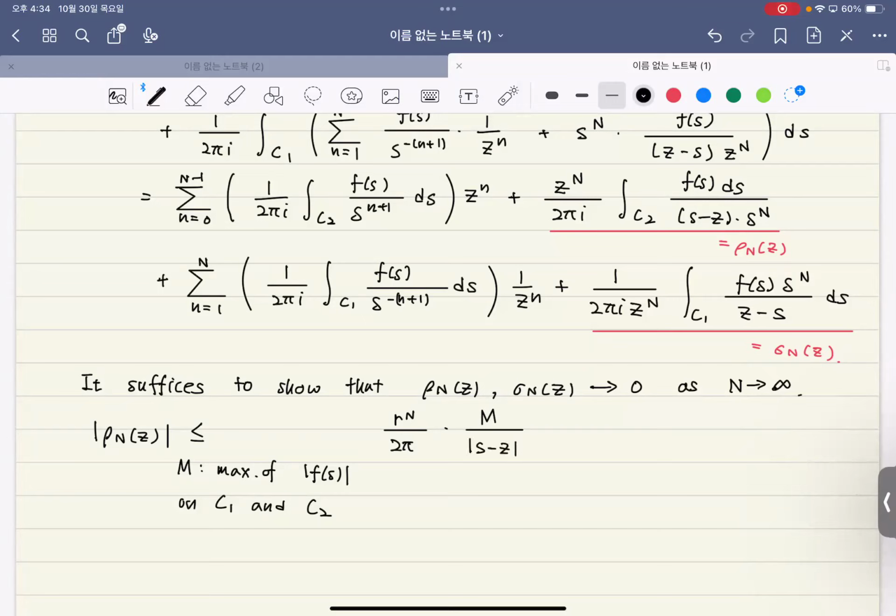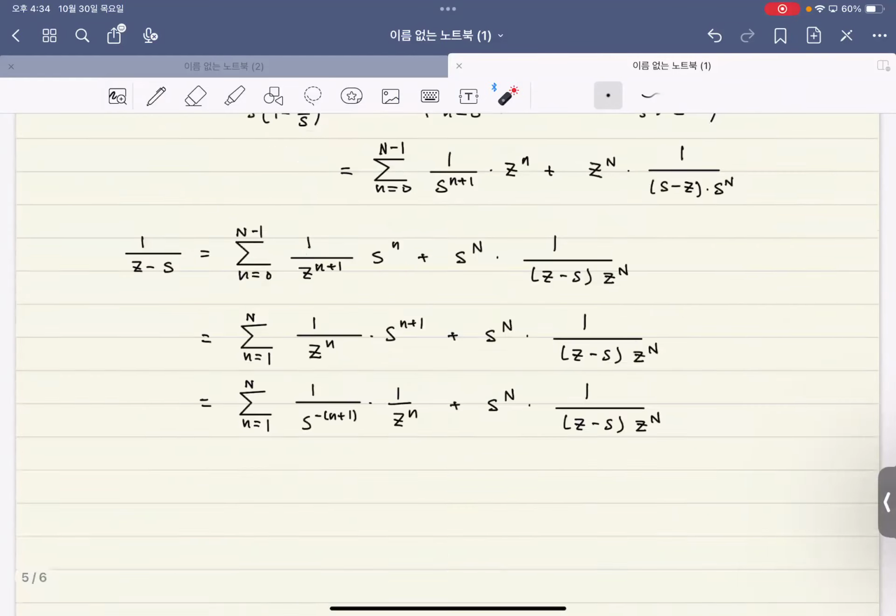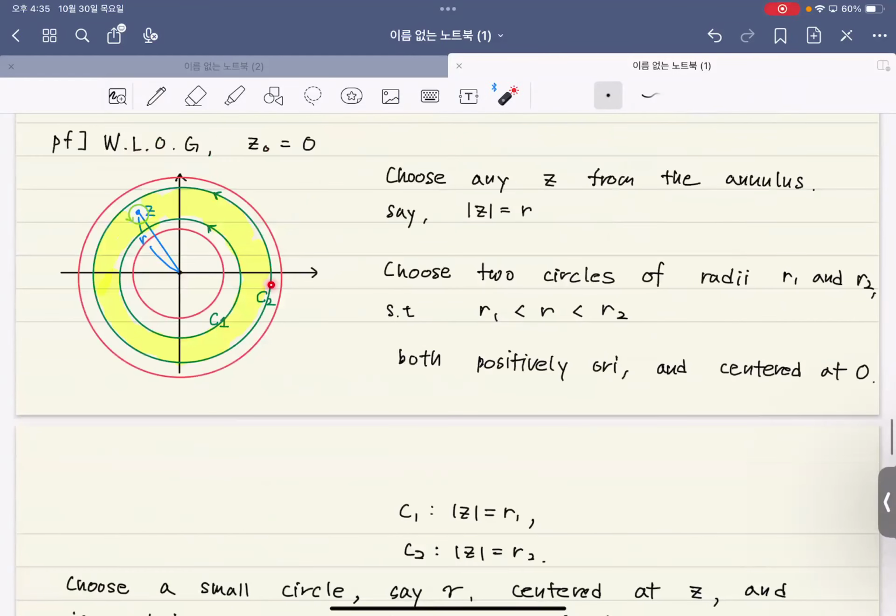But I should also say that this guy is bounded below by |s minus z|. This integration is happening on C2, and C2 is a circle with radius R2, right?